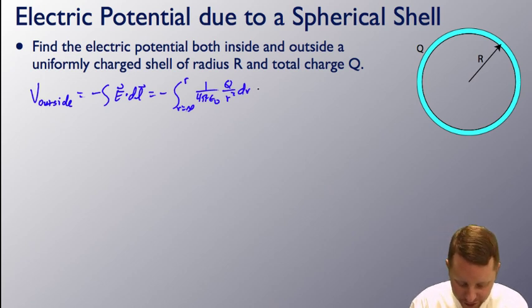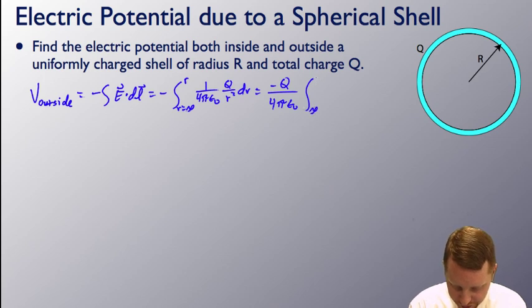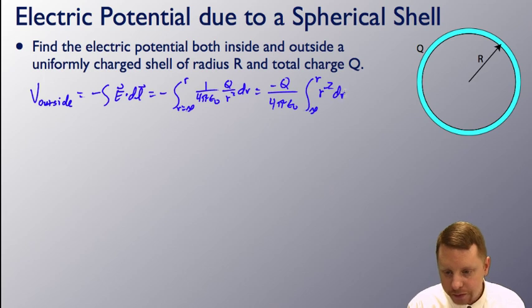I can pull out my constants again, so that's going to be minus q over 4 pi epsilon 0 integral from r equals infinity to r of r to the negative 2 dr.